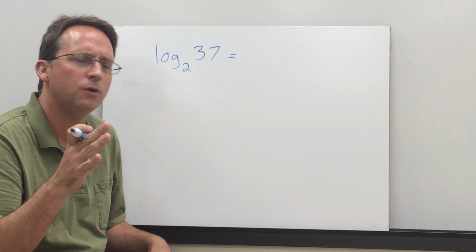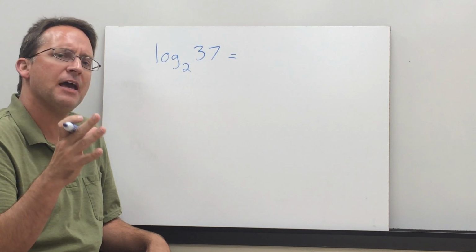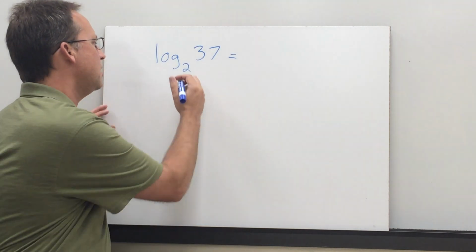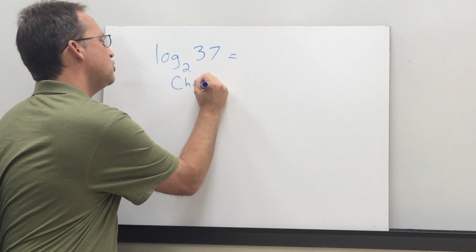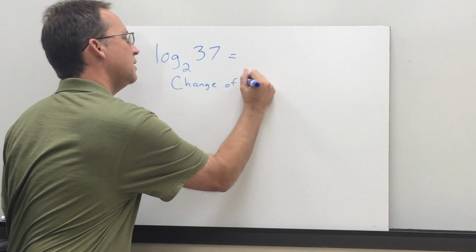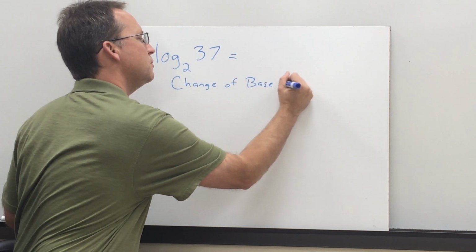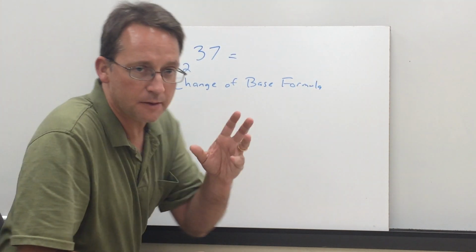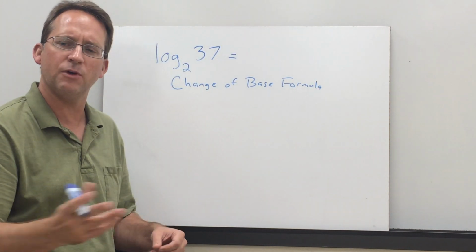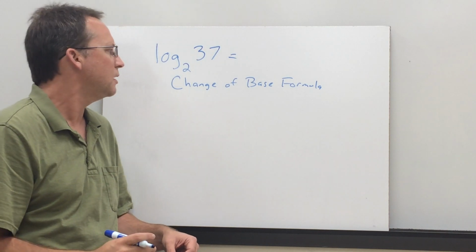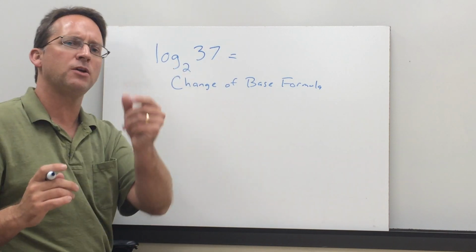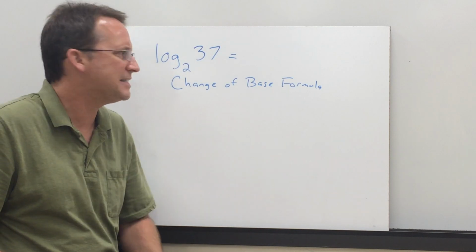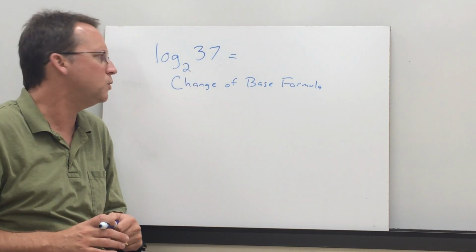What we can do is evaluate this in the calculator, writing it in a different way using what's called the change of base formula. For some of you, this formula might not be that important. If you have an older graphing calculator, or even some of the newer yellow ones, that log button only does the common log, the log base 10, not the log base 2.